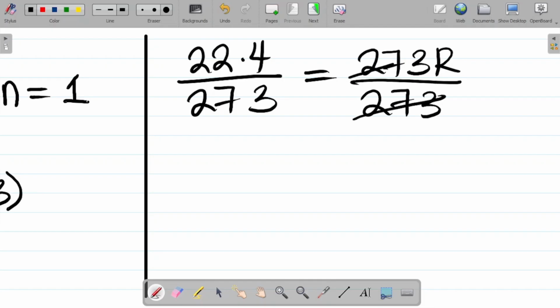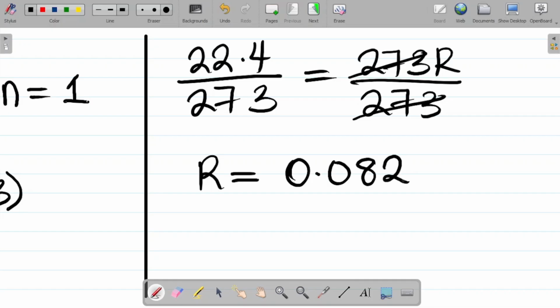From here, this cancels this, and I'm having R. So R is equal to 22.4 all over 273. If I divide this, what you have here is equal to 0.082 approximately.